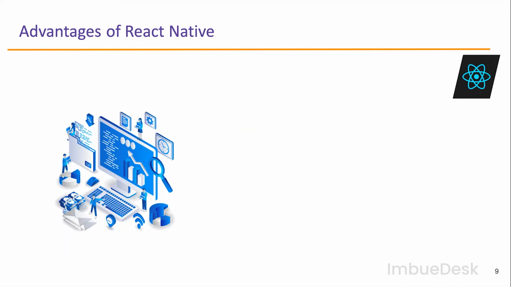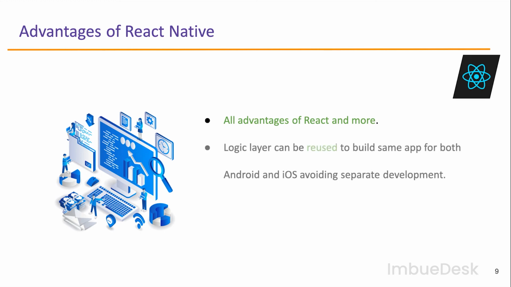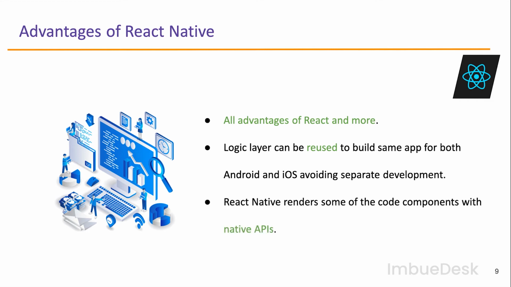But for now, you have to understand the quick advantages of using React Native. One thing is for sure, React Native comes with all the advantages that React provides. What happens in React Native is all the logic layer entities can be continuously reused as many times as you want to build the exact same application for Android, iOS, or whatever the requirement is.